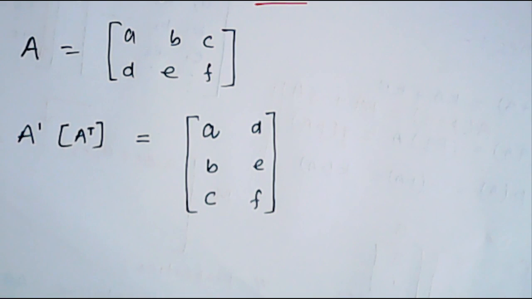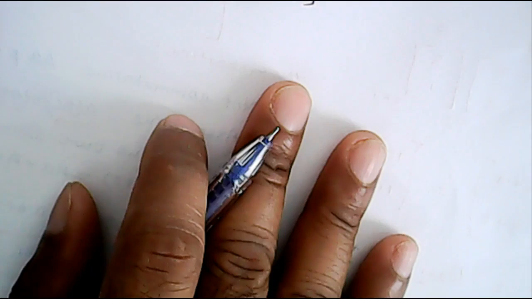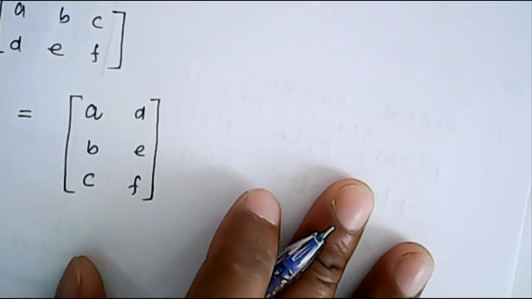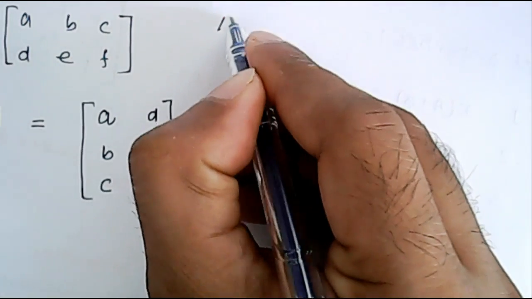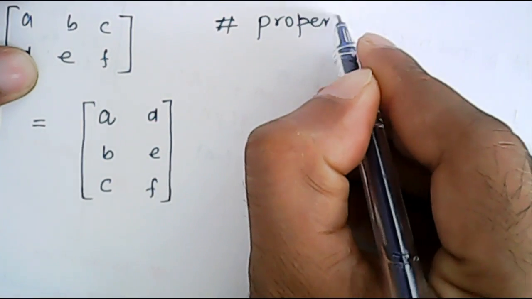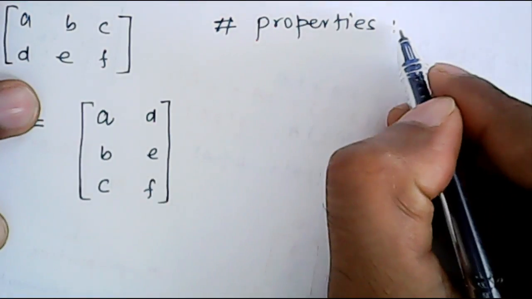Very simple. We have various applications of it, but the most important point to remember from the GATE point of view is the properties. A few are very obvious properties.